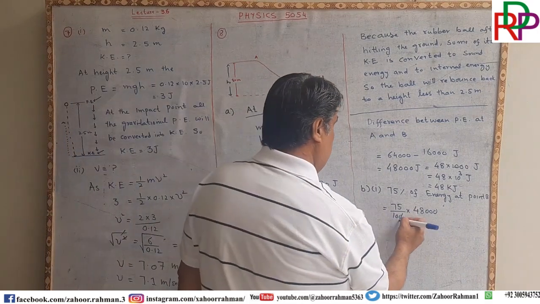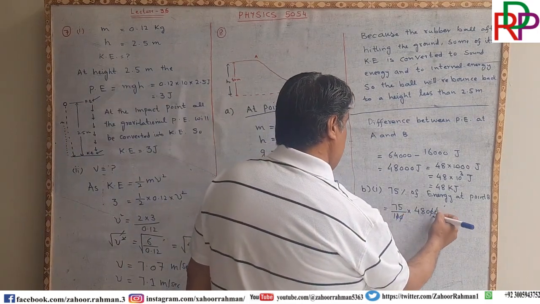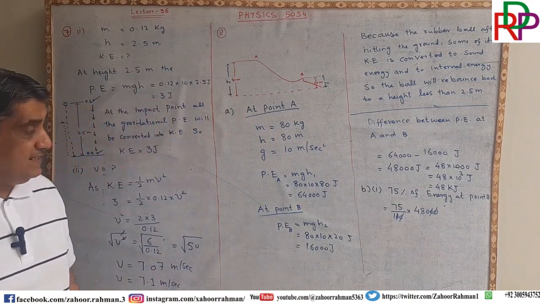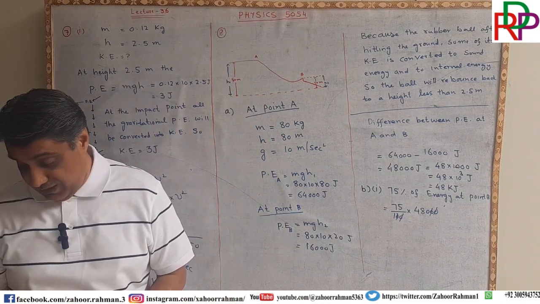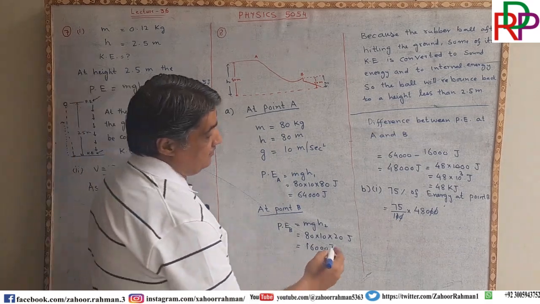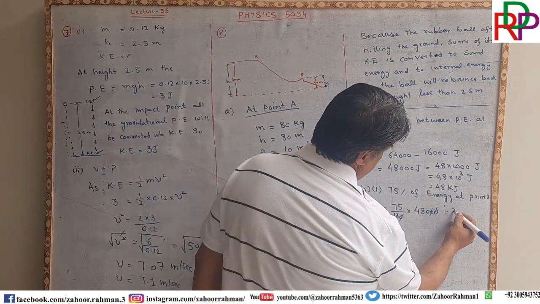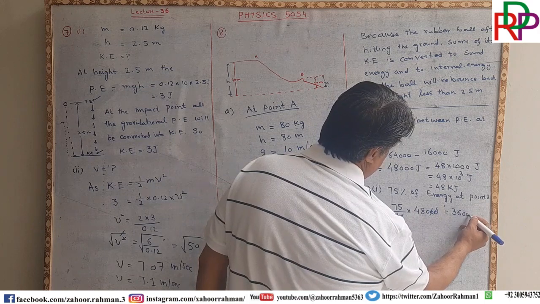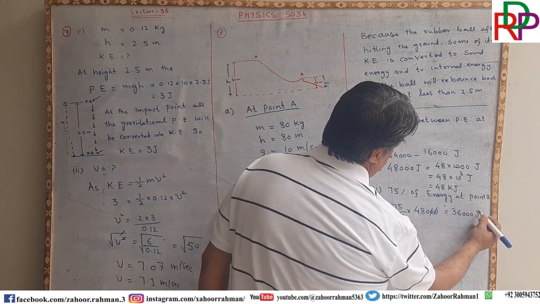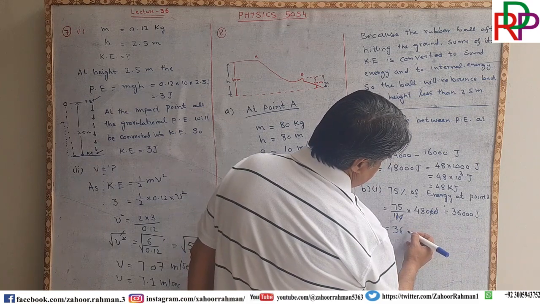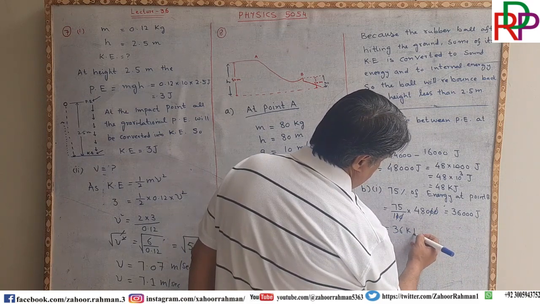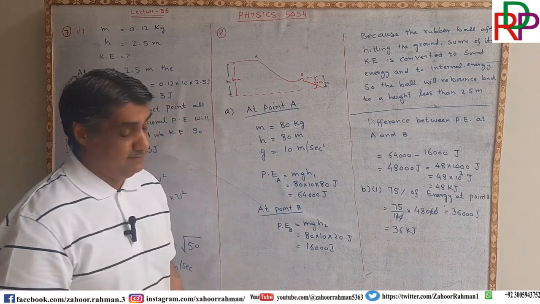So these two zeros will be cancelled with these two zeros, and when we multiply it, it will be 36,000 joule, which can be written as well as 36 kilojoule. Kilo means 1000.